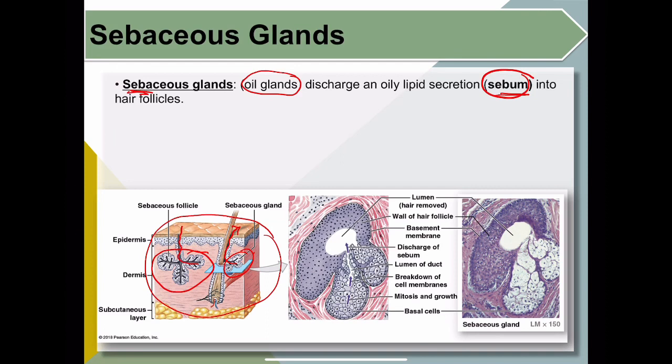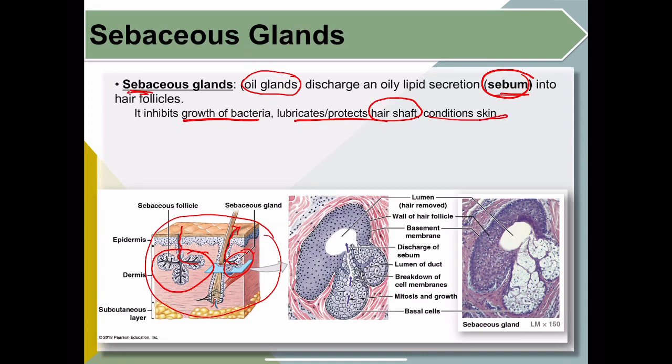So even though oily skin seems gross, just like how I talked about with UV rays and homeostasis, we still need a little bit of it. We can't have no oily skin, we need some oil. What sebum helps with is to inhibit growth of bacteria, lubricate and protect the hair shaft, and condition the skin.